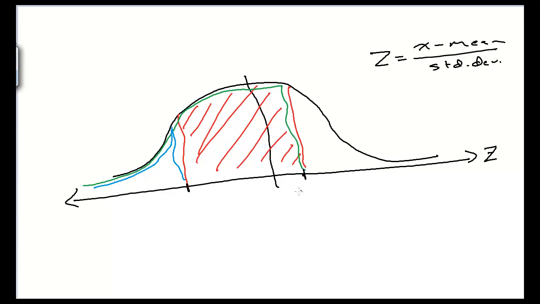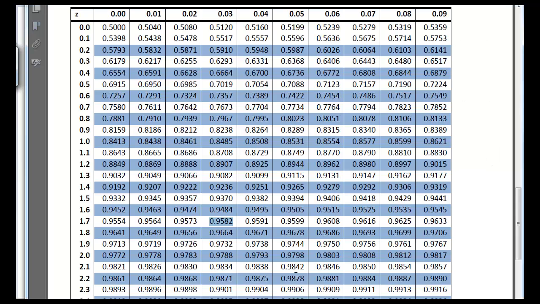So let's put some numbers here. Let's say this is positive 0.87 and this is negative 2.04. So for z equals positive 0.87, I'm going to go to row 0.8, column 0.07. So let's hop over here, row 0.8, column 0.07. That's right here.